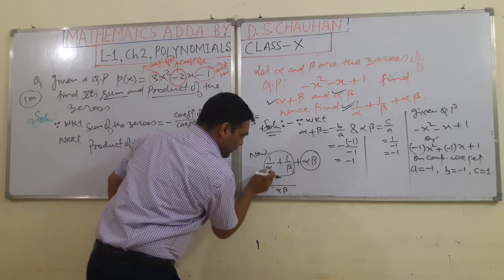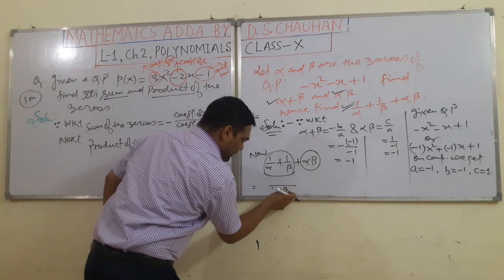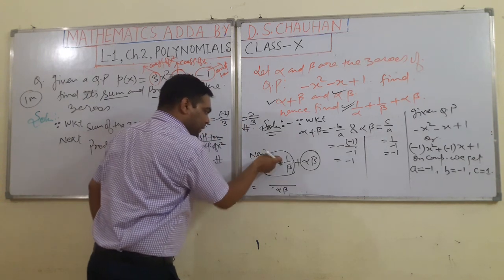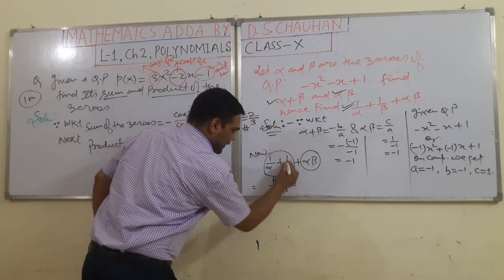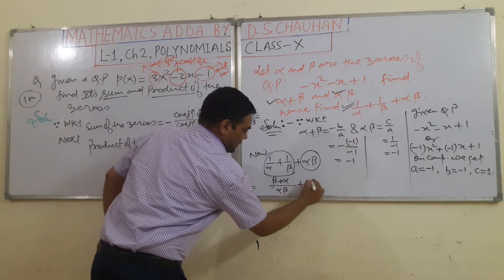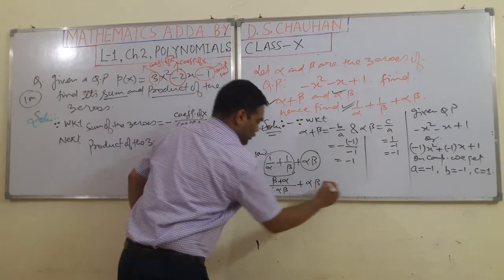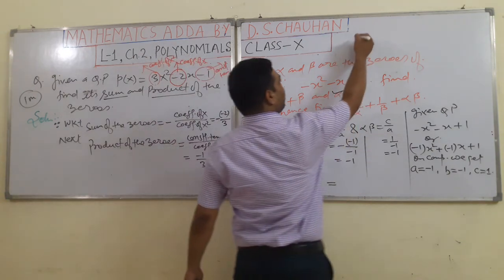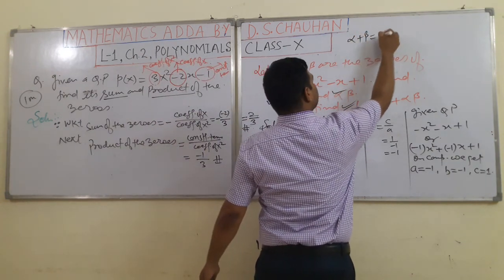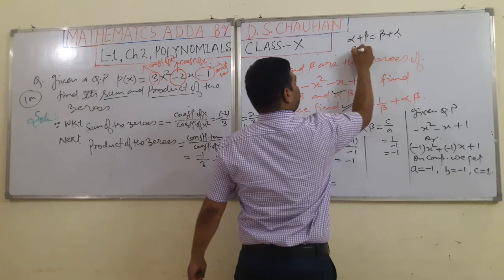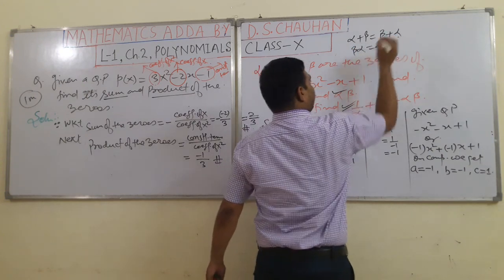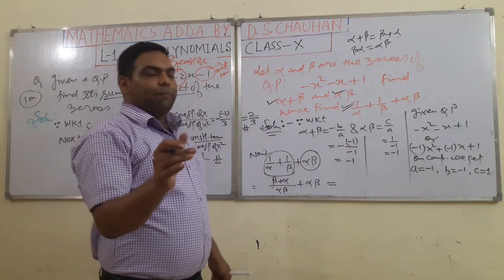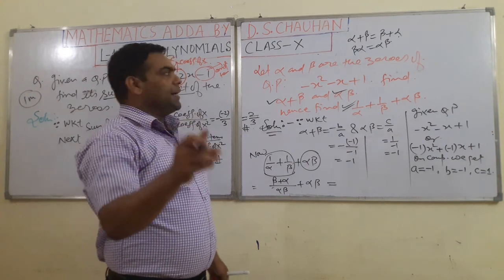Now if we divide alpha beta by alpha, we will get beta, and by this beta we will multiply here. We will get beta, and here alpha plus alpha beta. Now students, beta plus alpha can be treated as alpha plus beta. Remember, alpha plus beta is the same as beta plus alpha, and beta alpha is the same as alpha beta, because addition and multiplication follow the commutative property.